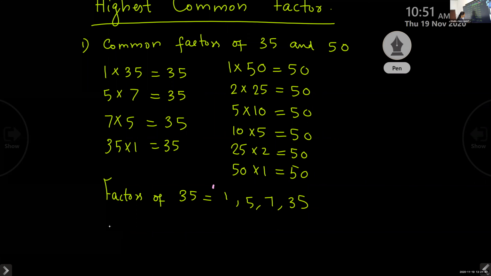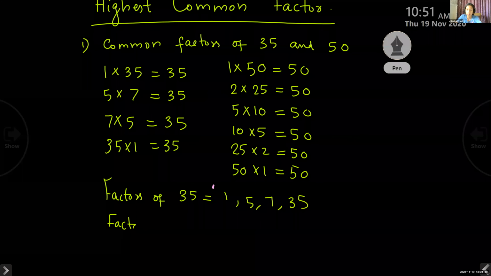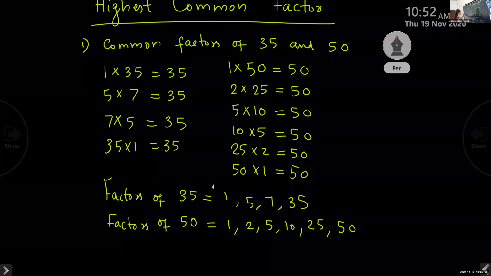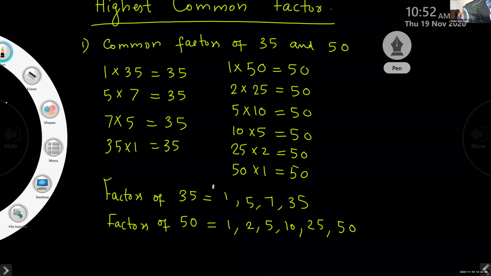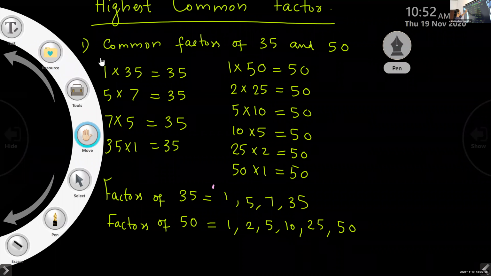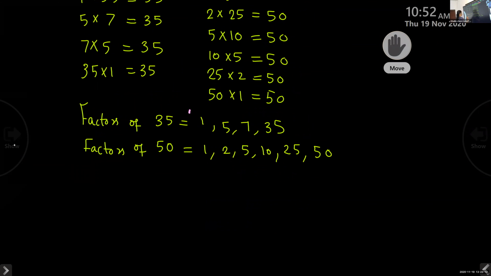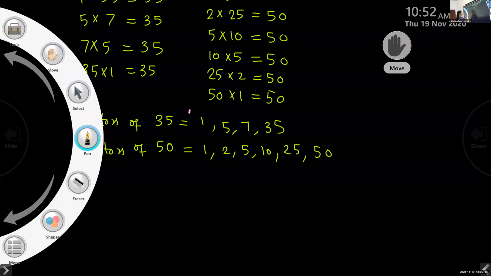Now, factors of 50: 1, 2, 5, 10, 25, and 50. And next one we will write common factors. So, highest common factor. First we wrote factors. Now we will write common factors.